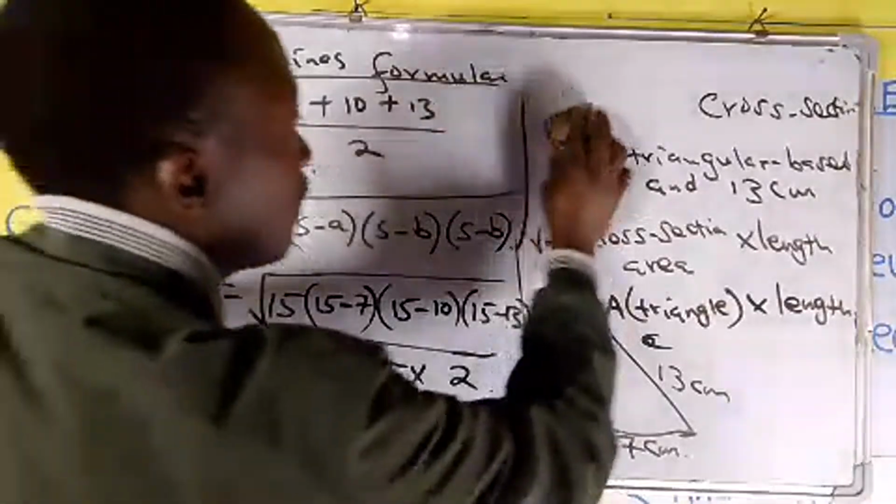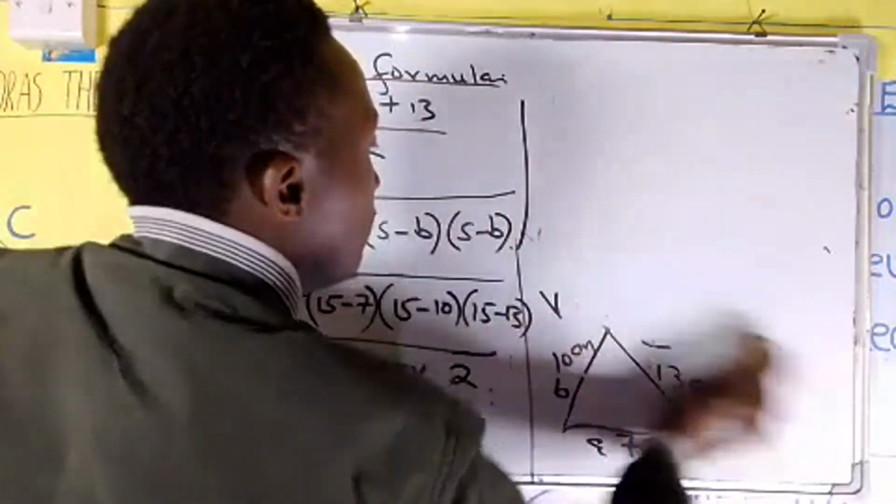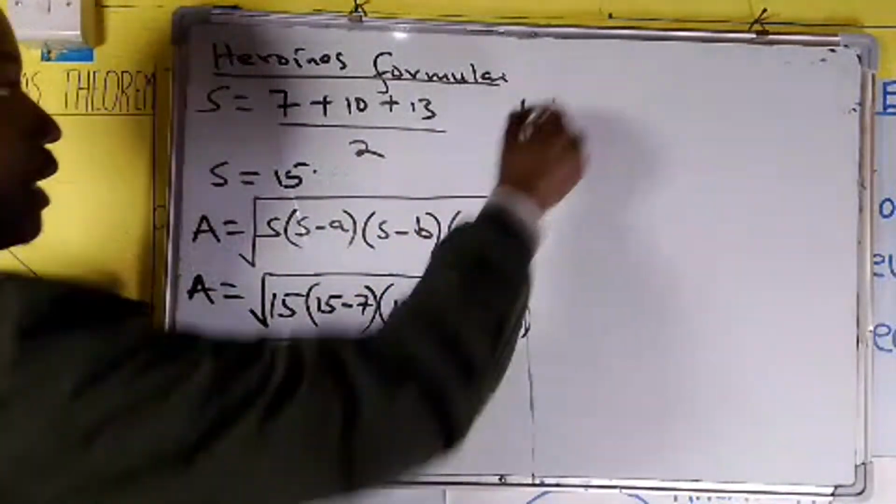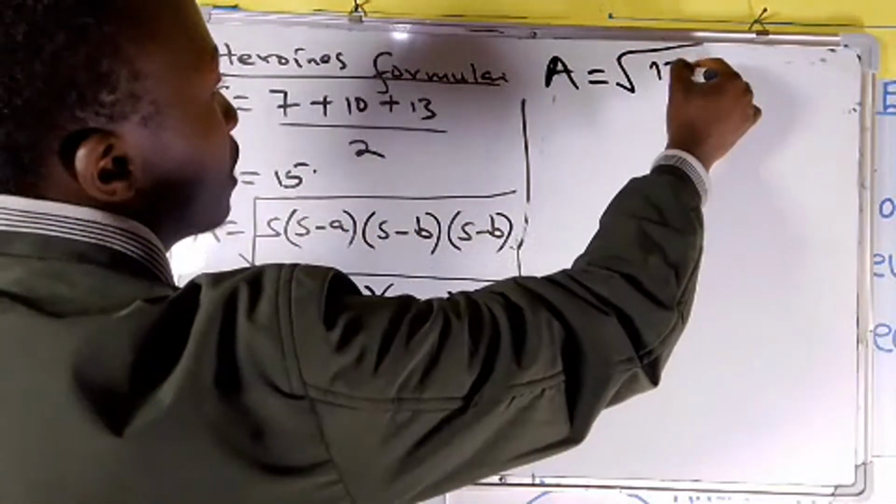So the area of our triangle will be the square root of 1,200.